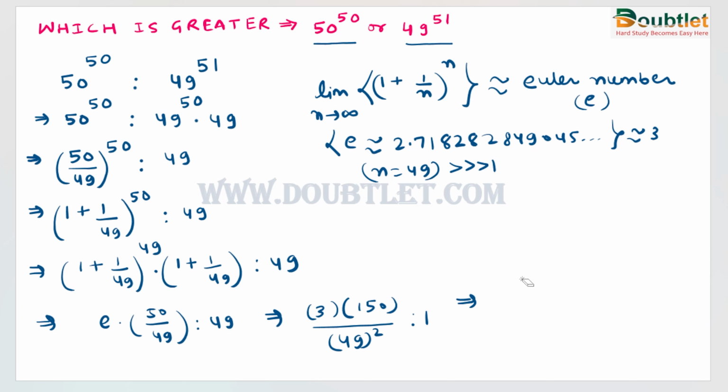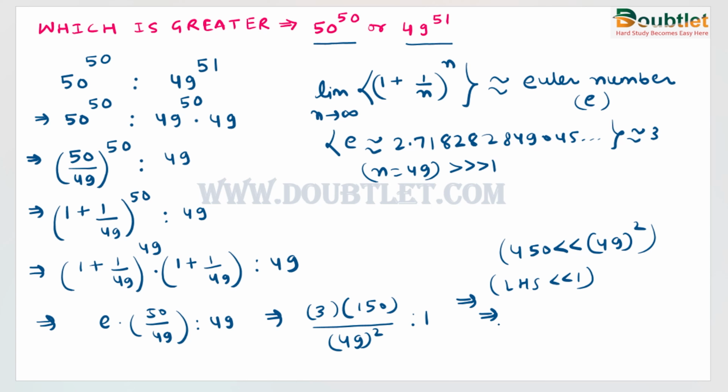We know that 150 into 3 is 450. So 450 is far less than 49 squared, correct? Then definitely the LHS would be less than 1. So the LHS value will be less than 1.